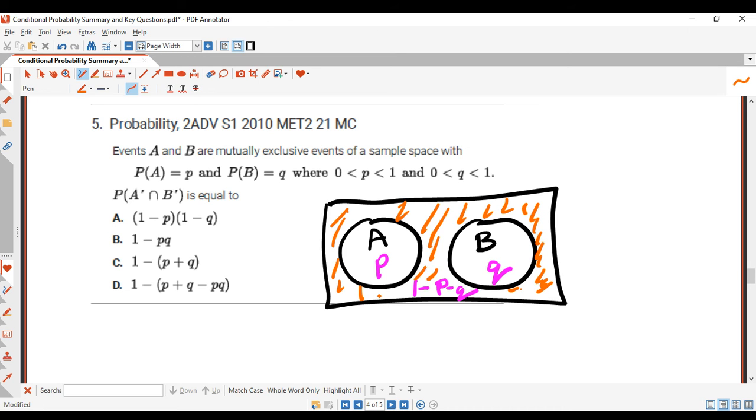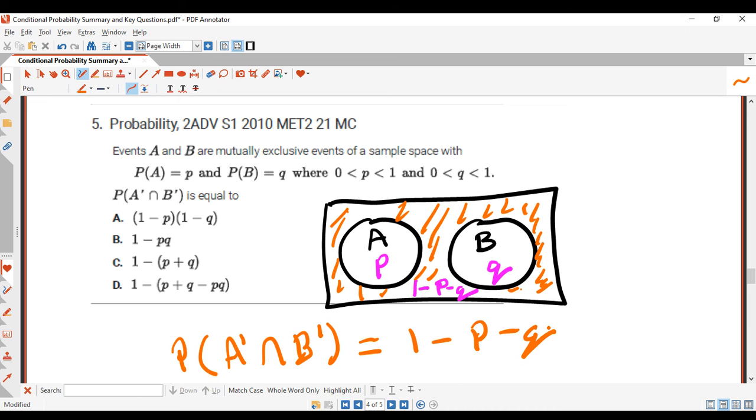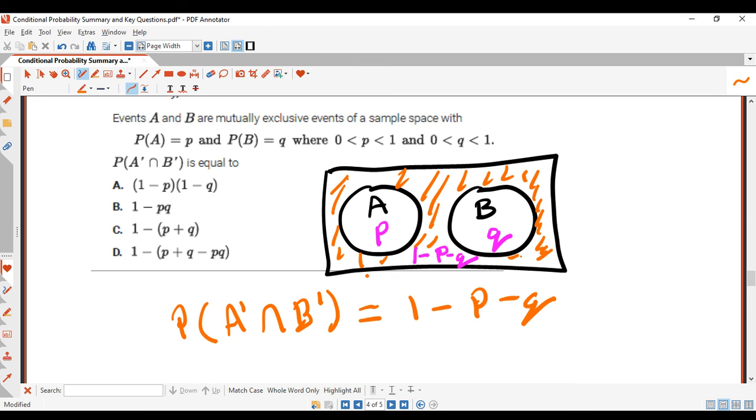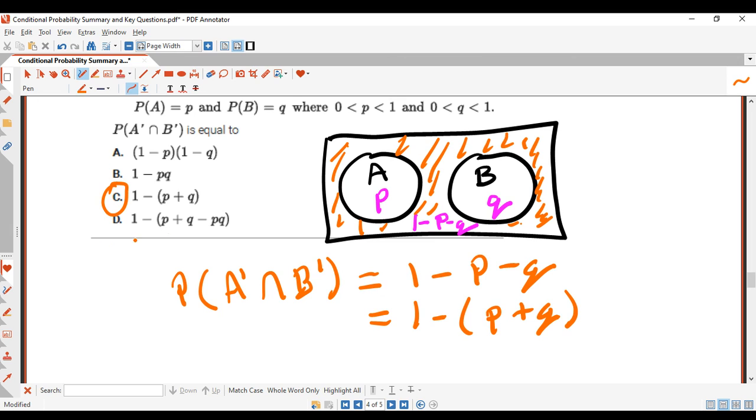Okay, now, so the probability of not A and not B, right? Well, that's going to be 1 minus P minus Q. And we can factorize that and write that as 1 minus (P plus Q), which then works out to be C. Okay, so drawing the picture is key.